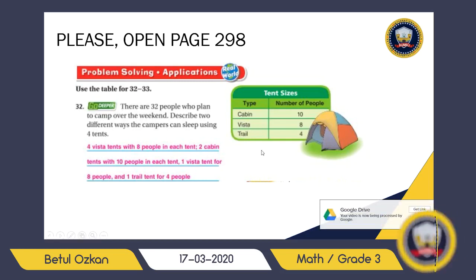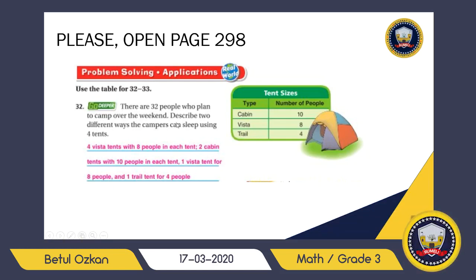Perfect. So check the other one. It says, for example, 2 cabin tents and 1 vista tent and 1 trail tent. 2 cabin tents, guys. 1 cabin tent includes just 10 people.